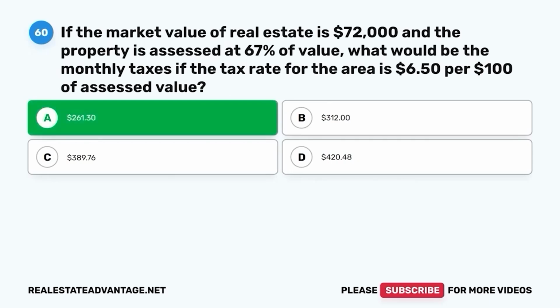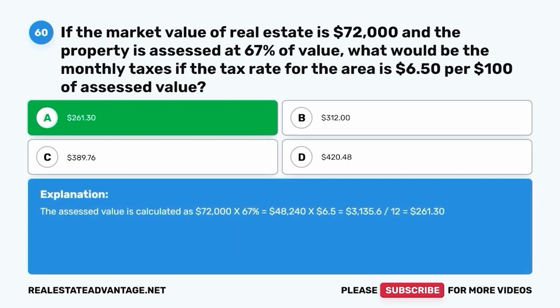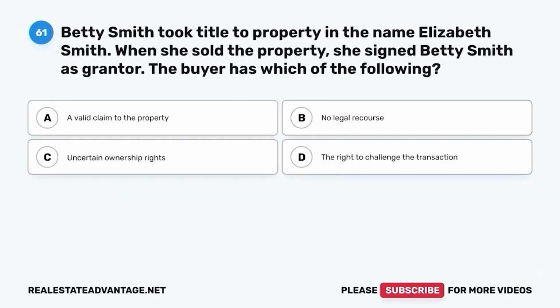The correct answer is A. $261.30. The assessed value is calculated as $72,000 times 67% equals $48,000. $240 times $6.5 equals $3,135.6 divided by 12 equals $261.30.